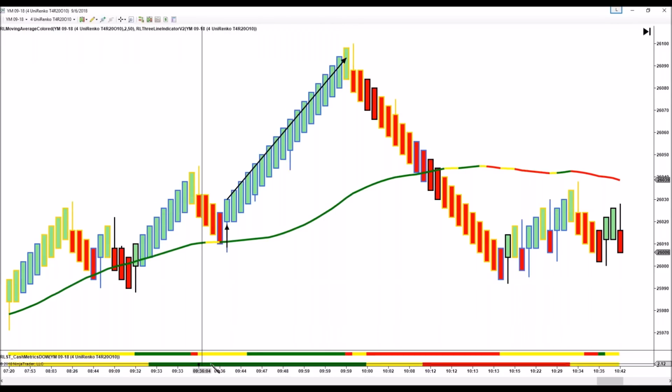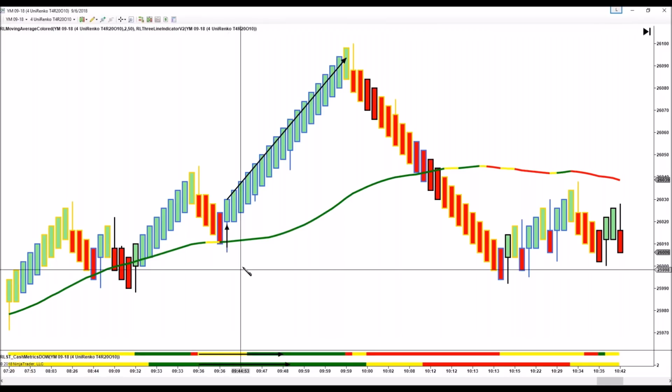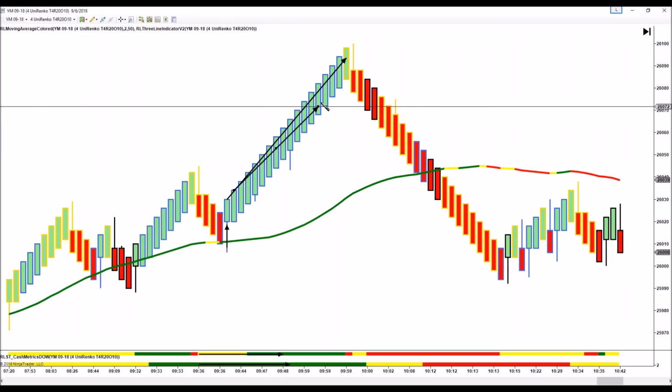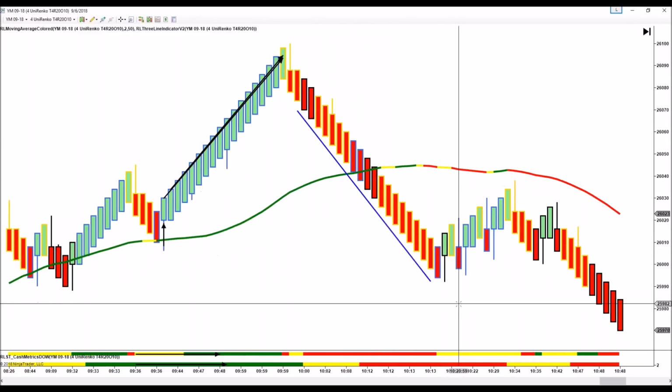Now it's just splitting the volume data and the tick data, and the volume data outweighs the tick data. So this is going to give you a Dow long trade. Here you've got to wait, but it's giving you the direction to the short side.